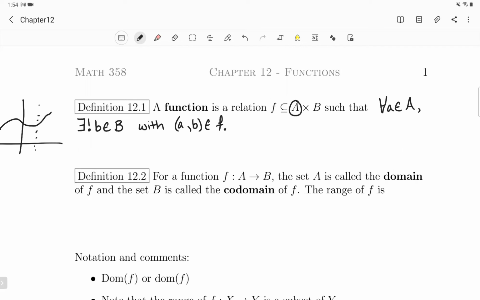You've heard that word before. That's in the next definition. And every single thing there gets one unique B assigned to it.